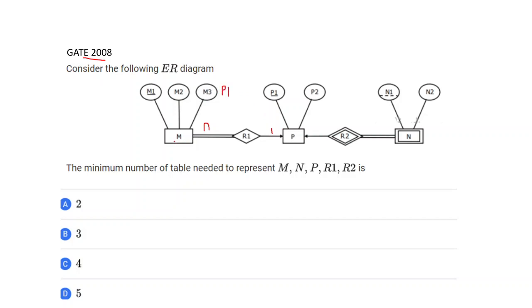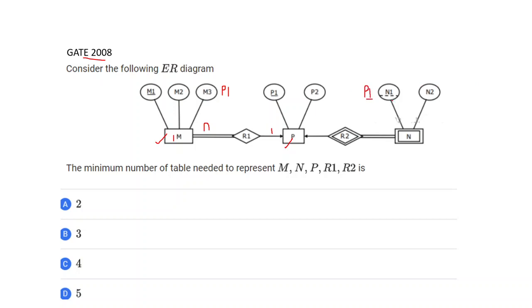So basically there will be one table for M, one table for P, and this P1 is added to this M table. And for this N table, this weak entity will be another table for N, and again P1 needs to be added to this.